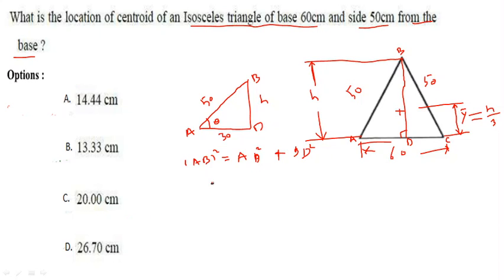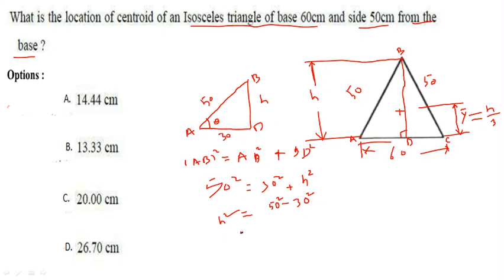AB is 50, so 50 square is equal to AD, which is 30 square, plus BD, which is H square. So this H we have to calculate. H square is equal to 50 square minus 30 square.